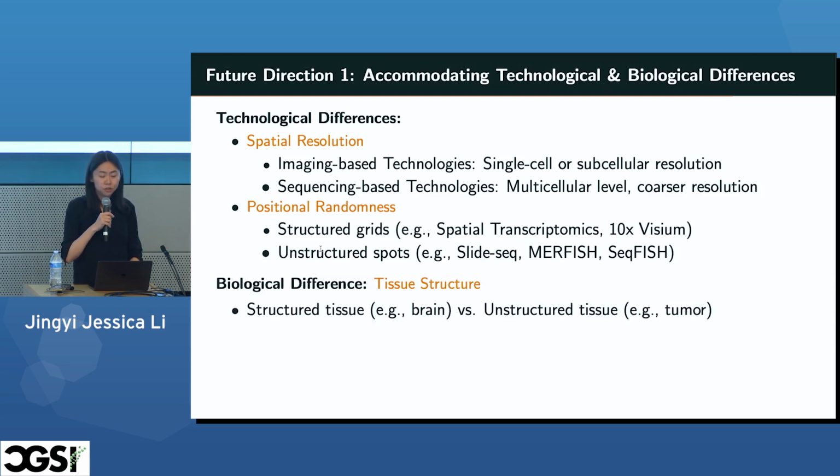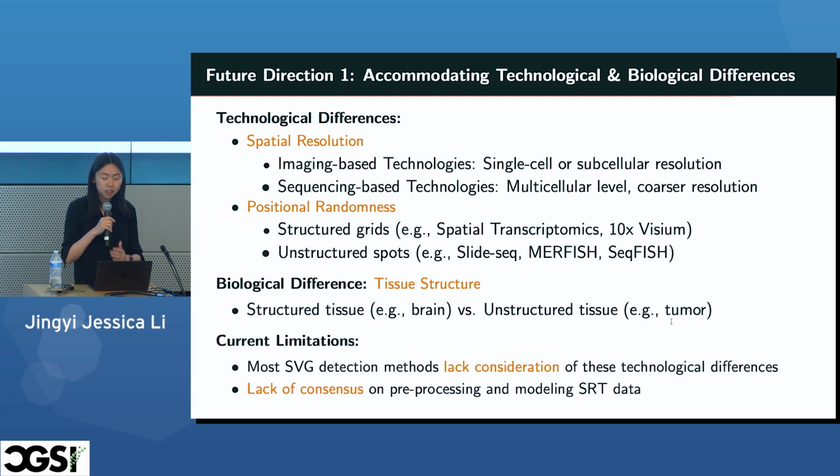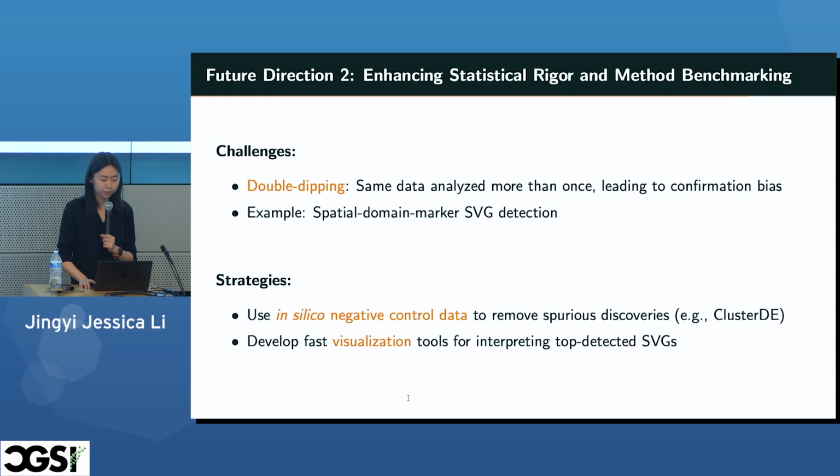For biological differences, we must consider whether the tissue structure is well-known, like brain, well-structured, or pretty messy, like tumor. The current limitation is that most methods aim to be general. They can do everything. But to me, specifying technologies and tissue structure will likely make the discoveries more meaningful for interpretability. And also there is a lack of consensus on pre-processing, whether we do log transformation or not, and which model to use, Poisson or negative binomial.